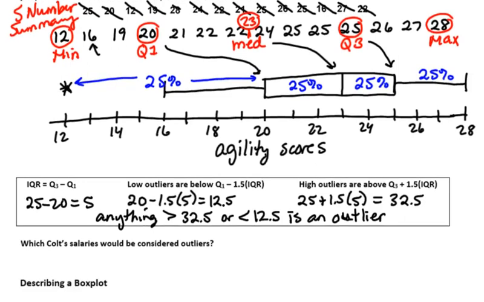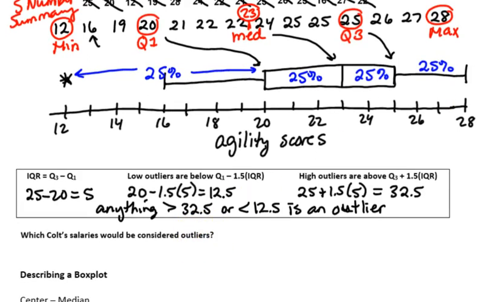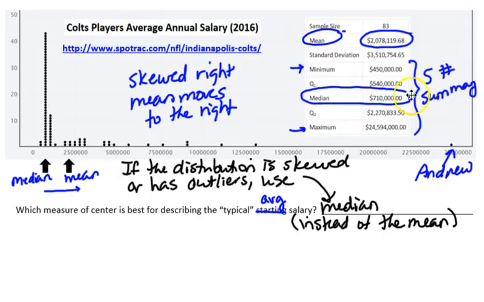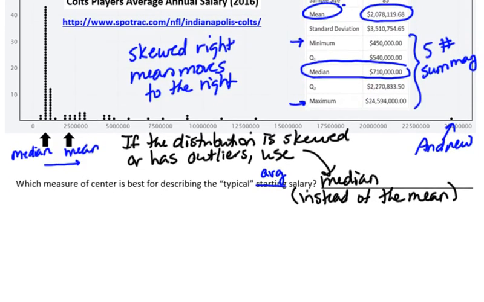Now using this outlier rule, which Colts salaries would be considered outliers? So if we go back to the Colts data, let's take a look at that. So what we would want to do is find the IQR. So the IQR, remember, would be Q3, which is 2,270,833.50, minus Q1, which is 540,000.